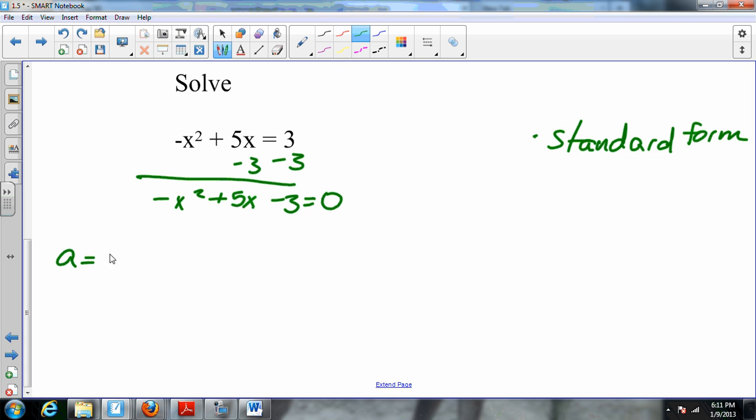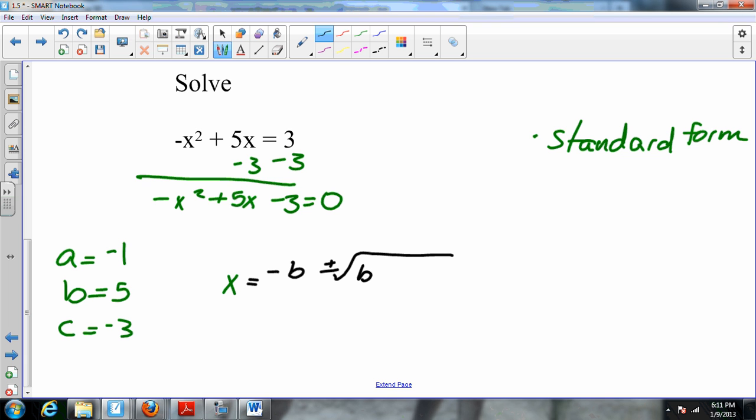List out your a, b, and c. A is negative 1, b is 5, c is negative 3. Plug it into your formula. X equals negative b plus or minus square root of b squared minus 4ac all over 2a.